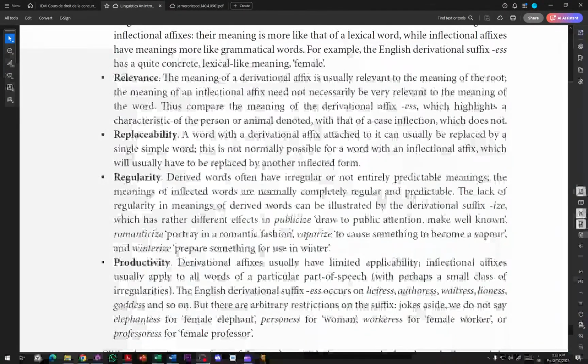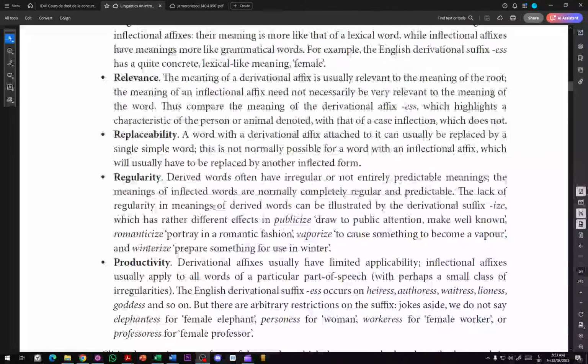Regularity. Derived words often have irregular or not entirely predictable meanings. The meanings of inflected words are normally completely regular and predictable.